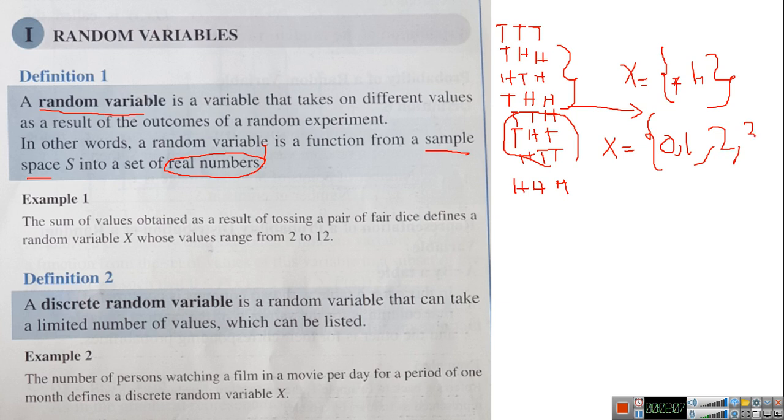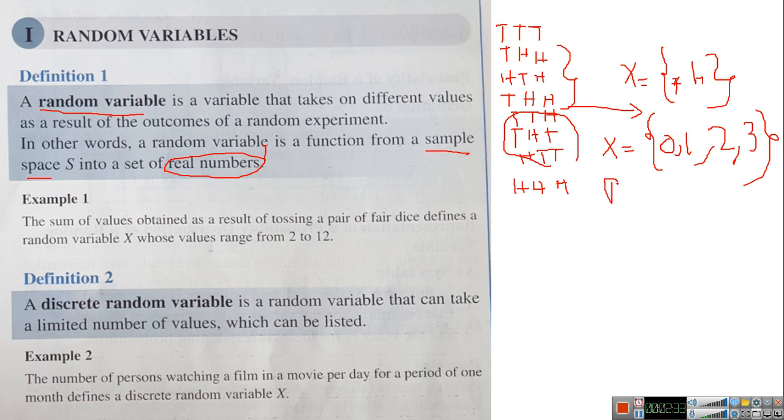So here what happened? We had a sample space, as you can see, and we translated it into a set of real numbers such that P of 0 plus P of 1 plus P of 2 plus P of 3 is 100%, which is 1. So it makes everything. For example, if I want P of 0, no heads, all are tails, because the flips are independent, it's half times half times half, which is 1 over 8.